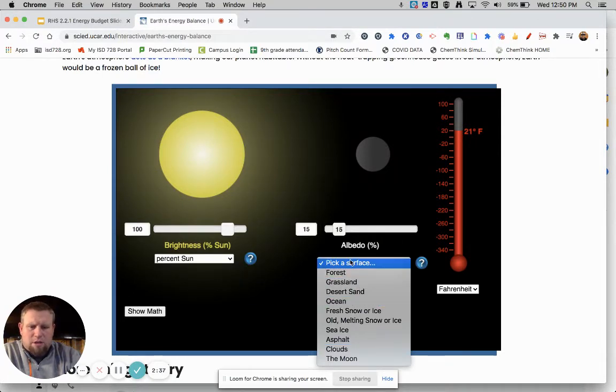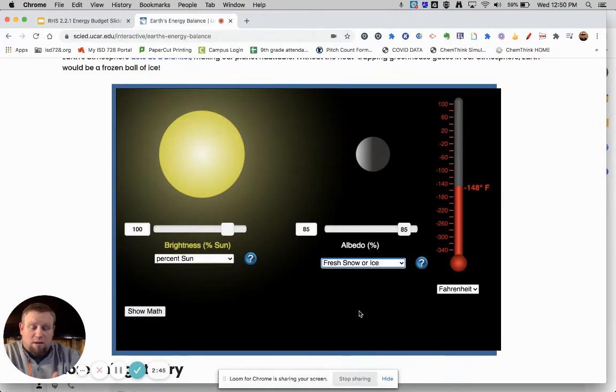So I'm going to just pick a few of these and show you some examples here, but we'll start out with fresh snow and ice. If we think about that type of material and the color of that, we're usually talking bright white, right? So we know that surface is going to be really, really reflective. And so it's actually going to reflect about 85% of the sunlight that hits it, okay?